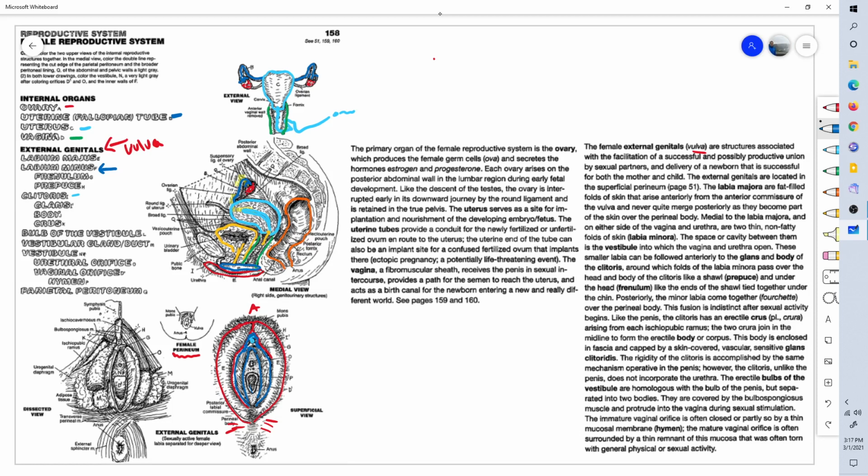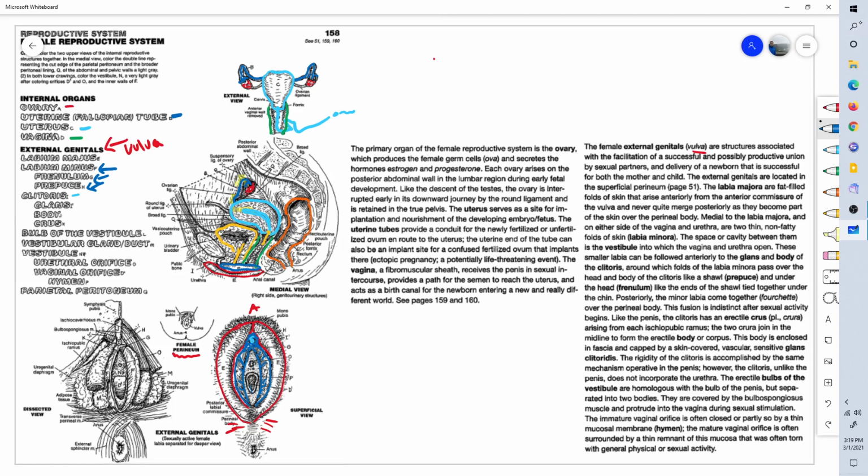And this covering of the clitoris is called the prepuce. And it also lies underneath the clitoris as well, in an area called the frenulum. So the labia minora is more than just a sort of lip layer. It actually surrounds and envelops the clitoris.